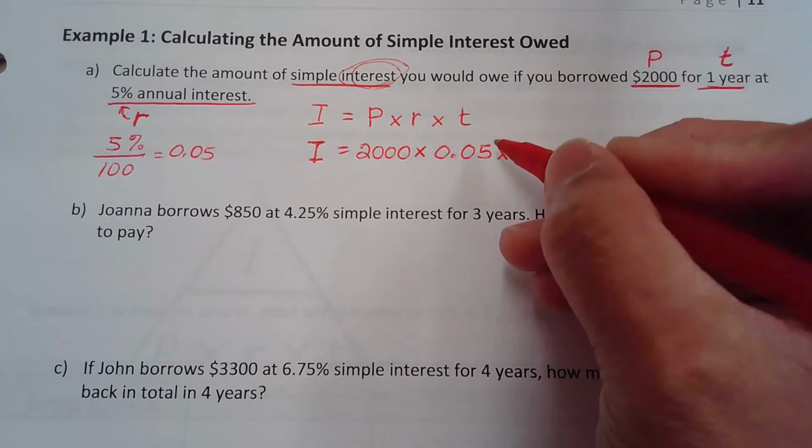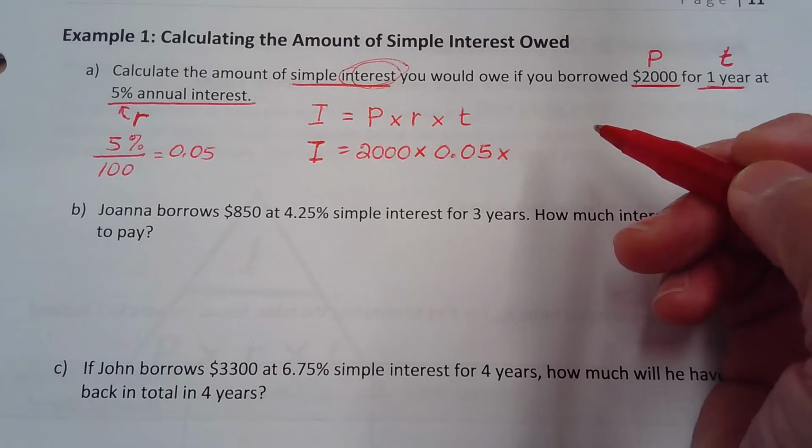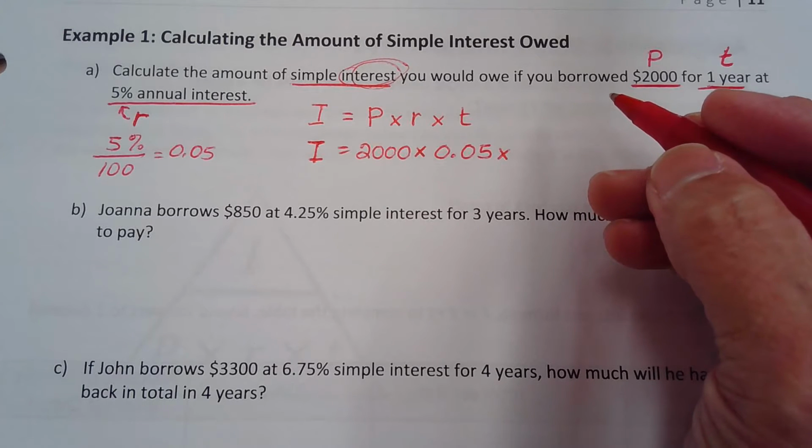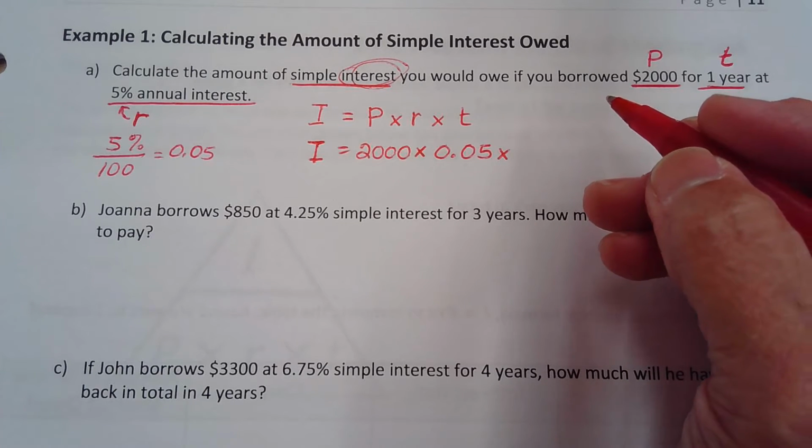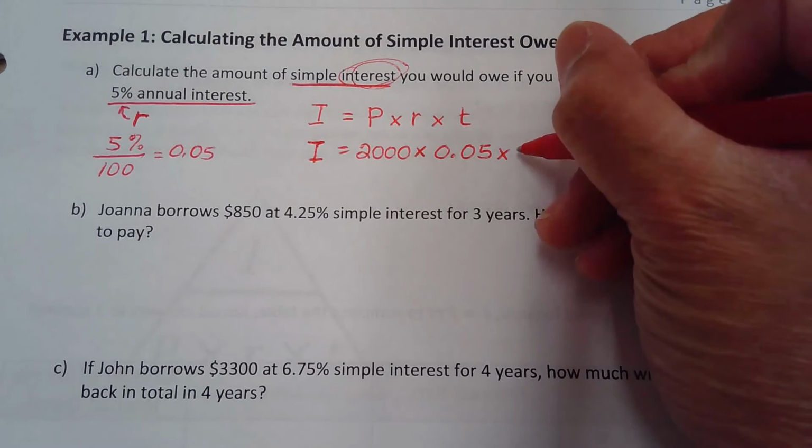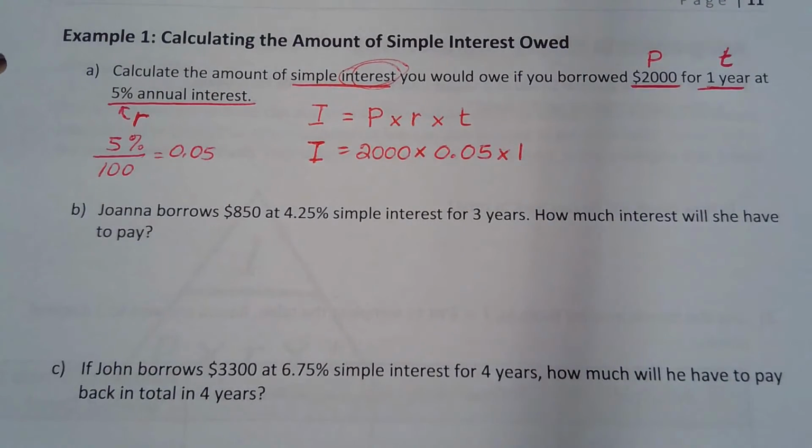Times time. What's our time? 1 year, right? Because it says 1 year. Time has to be in years. But if it's in days, then you would have to go by days, and if it's by weeks, then you go by weeks, and if it's by months, then you go by the number of months.